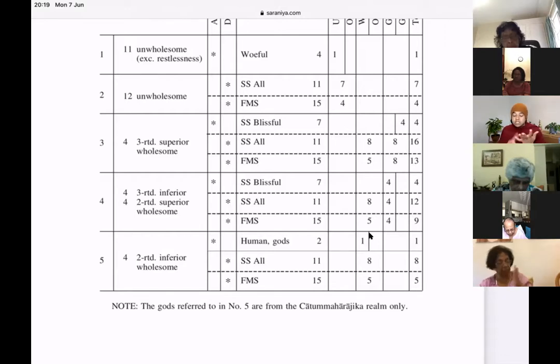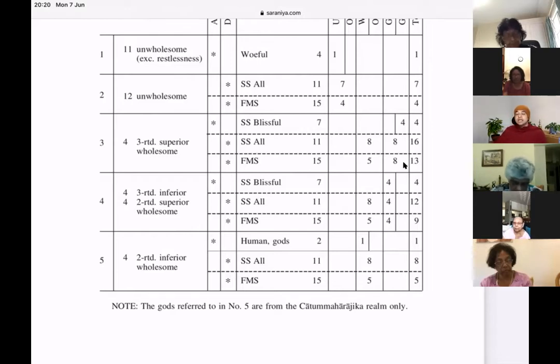So we count Chakku, Sota, Sampatichana, Santirana, which amounts to 5. Investigating and receiving consciousness together with the eye consciousness and the Sota, ear consciousness. That's how we get 5. And we have 4 again, disassociated with knowledge, great resultant. 5 plus 4 is 9.